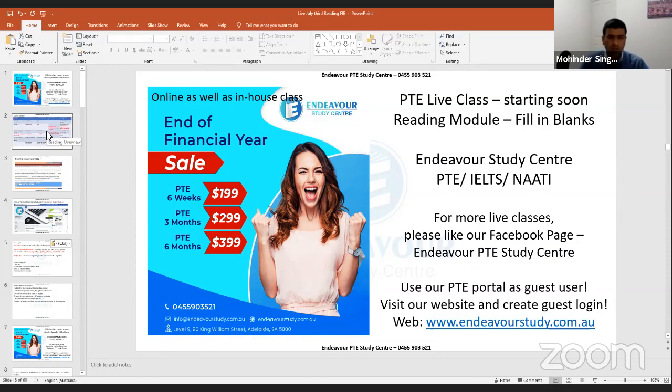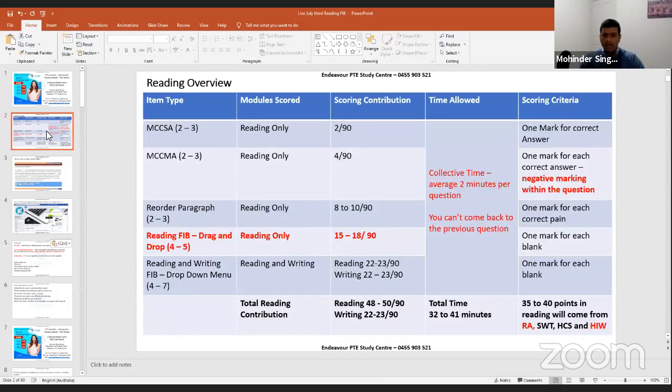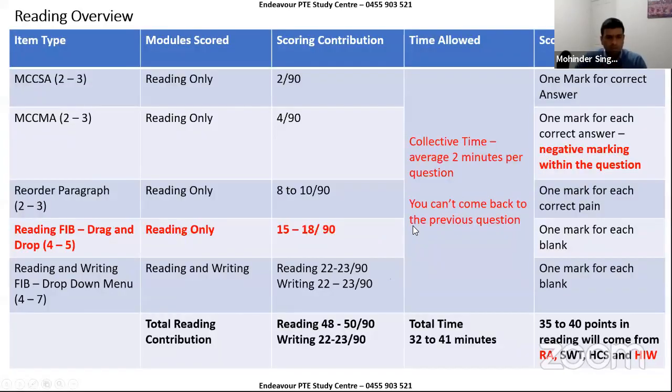All right, so let's look at this slide first. Most of you have visited this slide before, and you understand what the most important things are in your reading module. One thing is very important to understand: out of the 90 reading score, the points coming from the reading module are approximately 48 to 50 points.